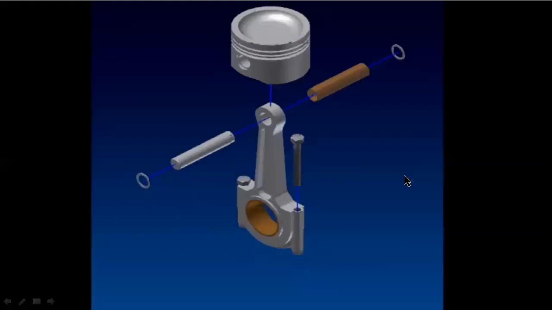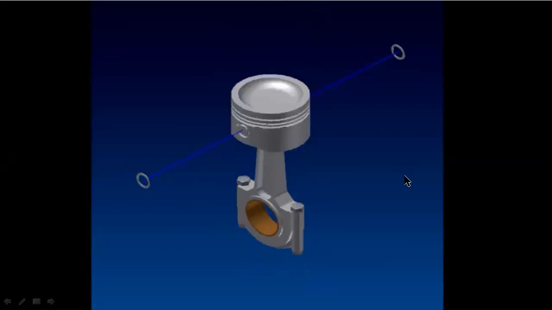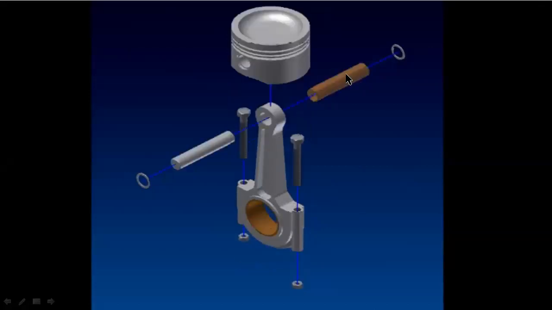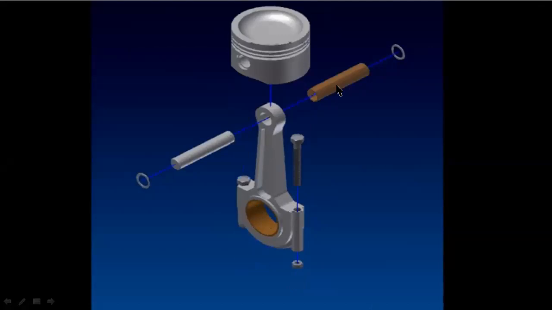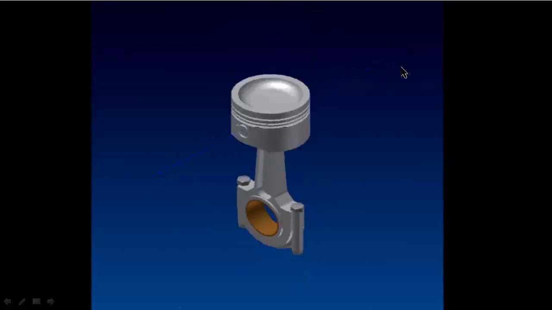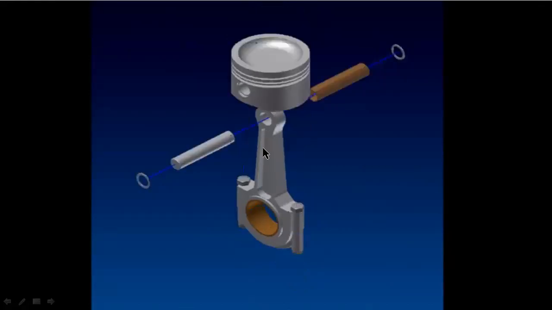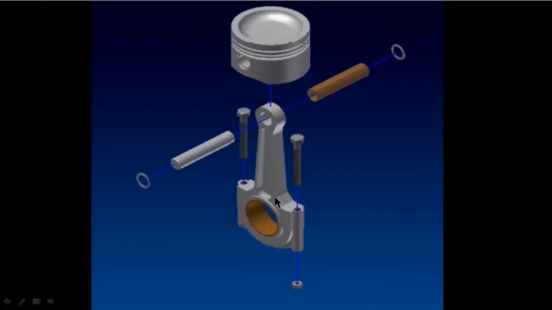Now here you can observe the assembly of the piston and connecting rod. Here this is a piston, this is a piston pin, and here these two are the circlips. This is a connecting rod, this is the small end, and this is the big end. Big eye, and this is the small eye.